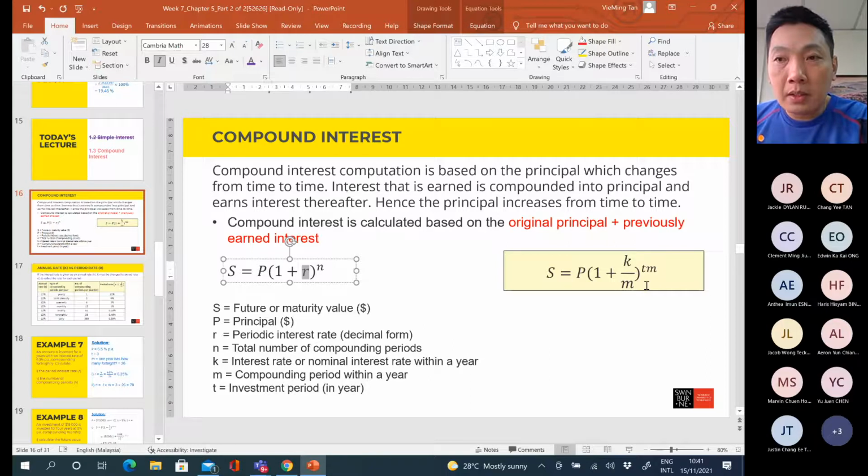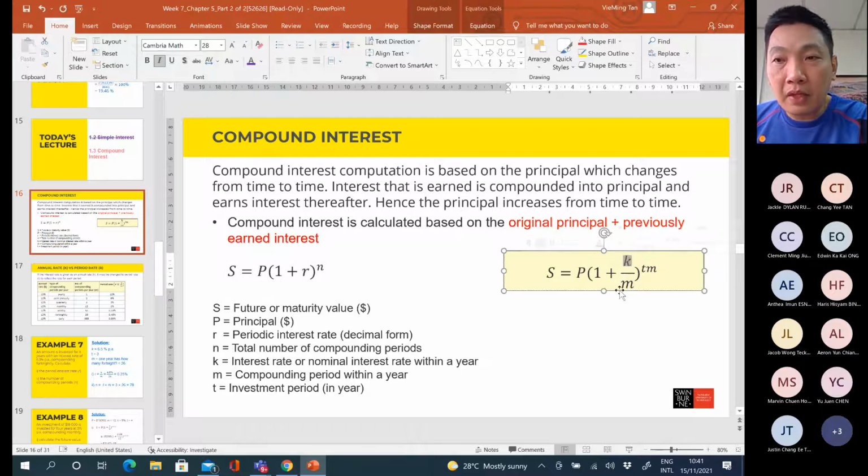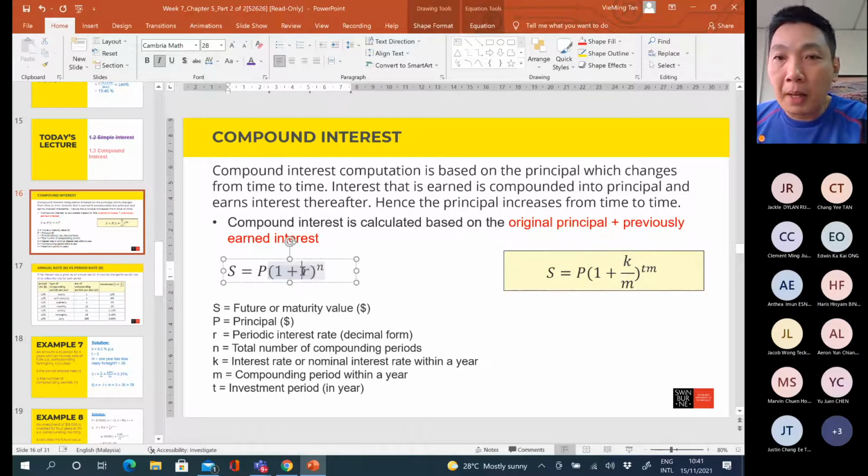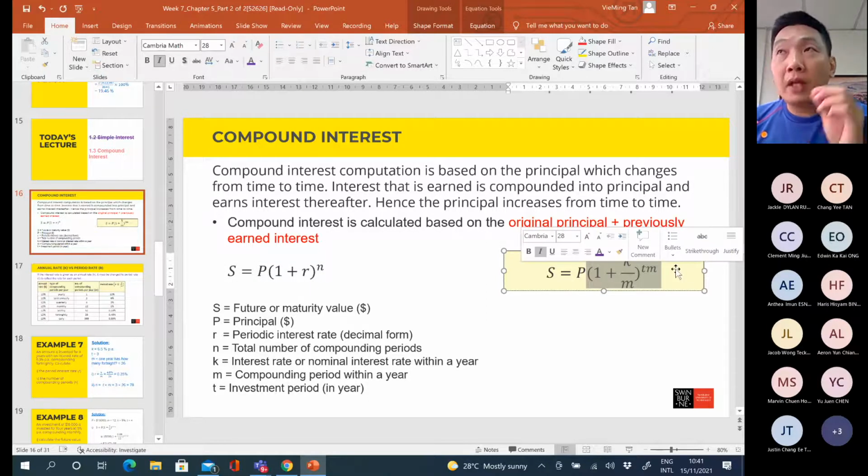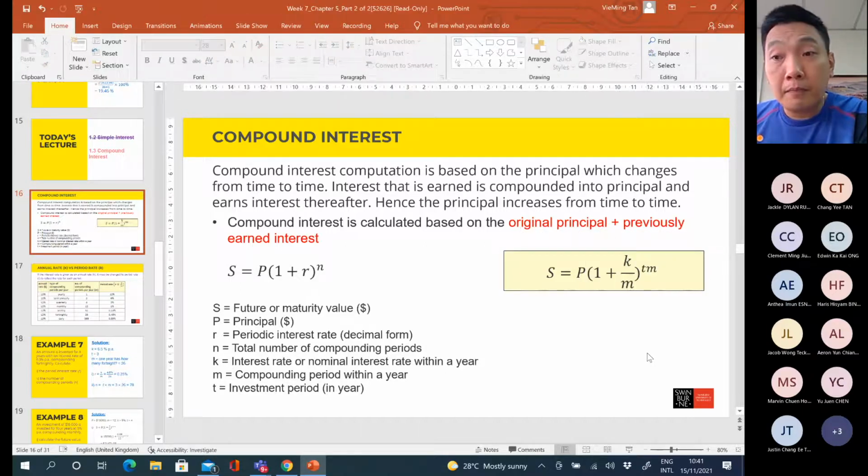So you can use K divided by M, where K is the annual rate, yearly rate, divided by M, then you can get the monthly rate or weekly rate. And this N here, actually you can use T multiplied by M. T is the investment period in years, and M refers to the number of times the interest is calculated within a year.